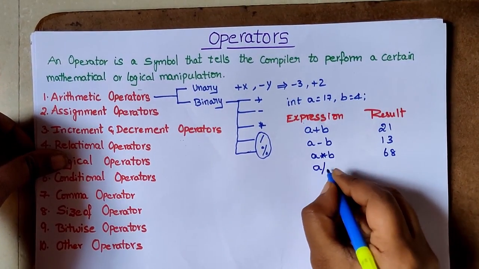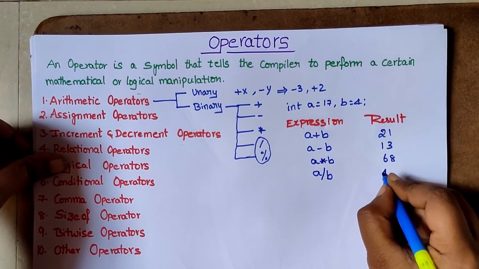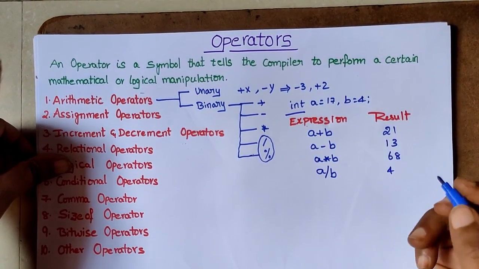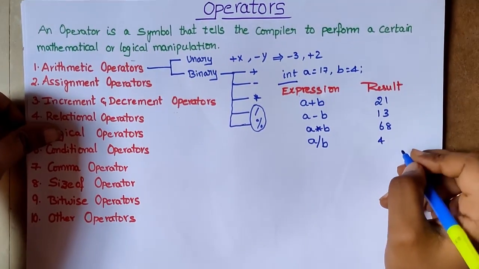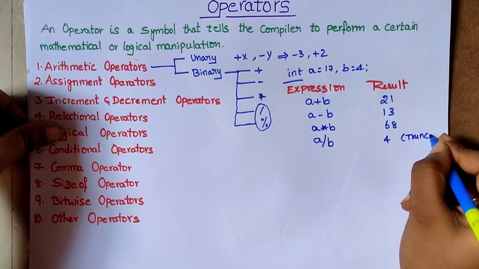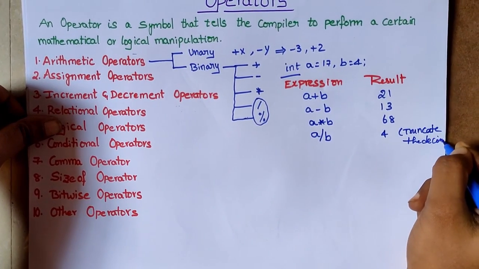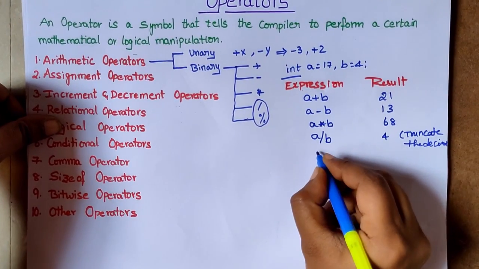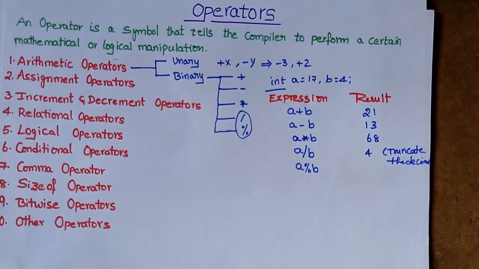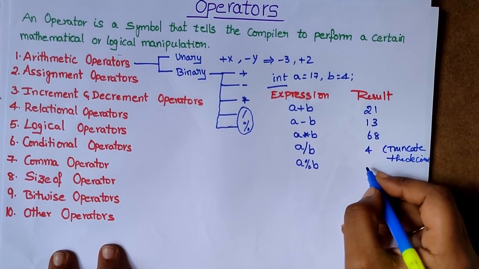And a division by b, here what will happen? Here a 4 point something value will come, but it is integer type, so it won't consider the decimal values. It will truncate the decimal value. A modulus b will give the remainder.